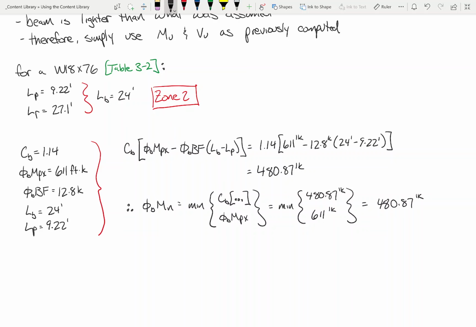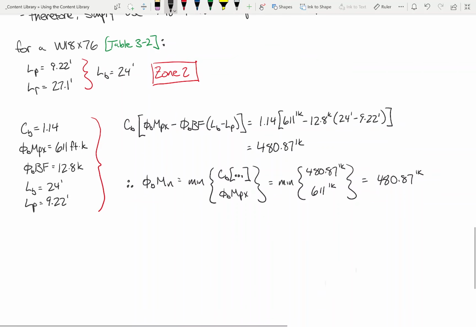Everybody okay with that? So just to recap, let's do a nice little summary here at the bottom. Let's start off with shear. What's the shear capacity for a W18 by 76? 252.